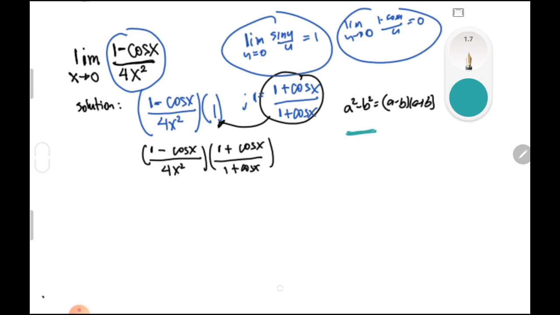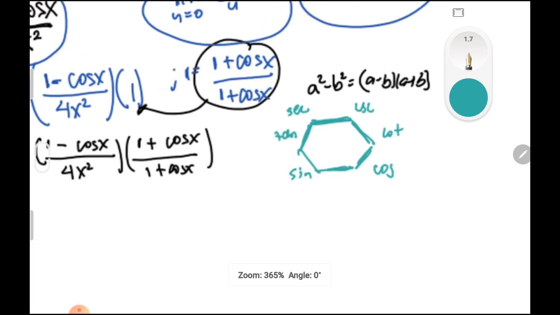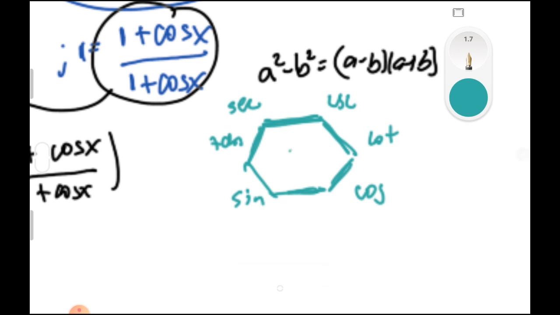So take note, meron tayong tinatawag na hexagonal plane. Okay? So if you would want to master some of the identities, you should know how to use your hexagonal plane, wherein we have our sec, tan, sin, cosec, cotan, cosine. Okay? And at the center of this hexagonal plane is 1.